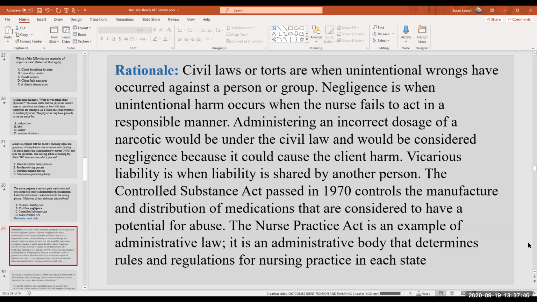But really that could be a type of vicarious liability, and this might happen if somebody's trying to divert narcotics, where a nurse would say, oh, can you give this medication for me? I already pulled it. And you're like, okay, trying to be nice, right? You don't even look at what the medication is, and you administer it, and you think you gave the person a narcotic. Meanwhile, the nurse that was supposed to pull the narcotic actually took the narcotic and gave you something in place of it.